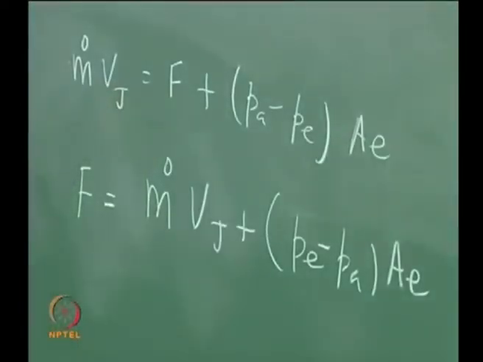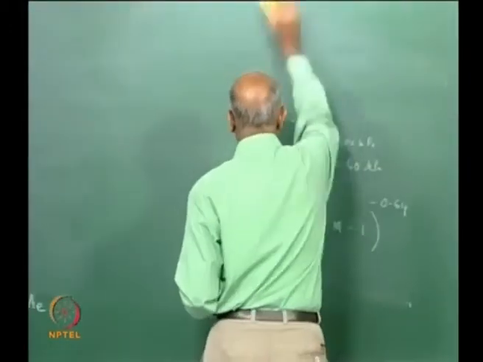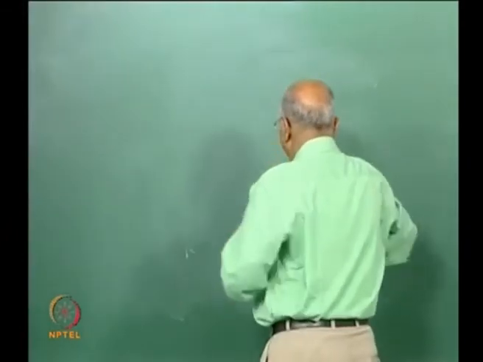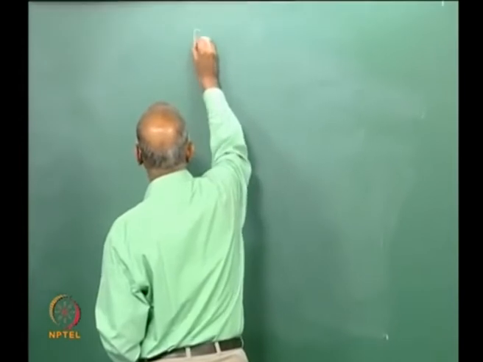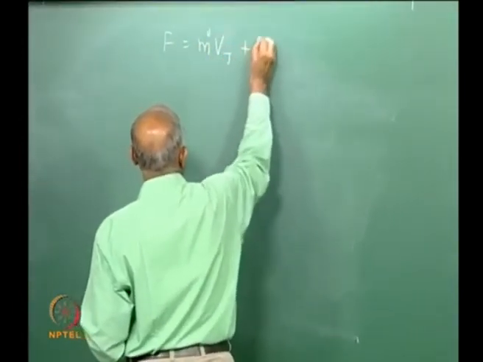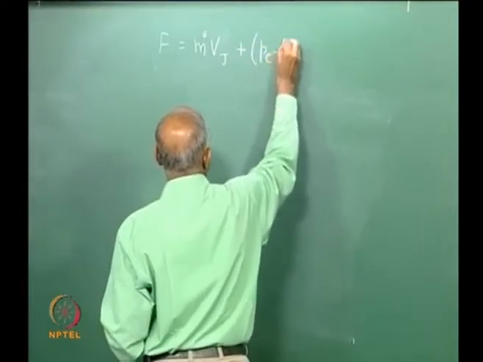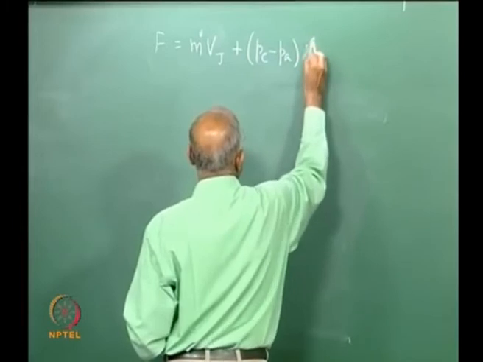Therefore now I have slightly modified my thrust equation, where originally we considered the exit pressure to be the same as PA, and we got an expression F is equal to m dot Vj. Now we tell ourselves, I have to add the pressure term PE minus PA into the exit area.